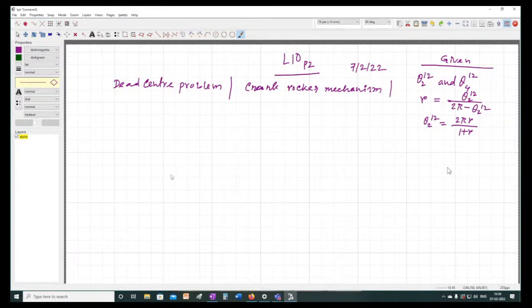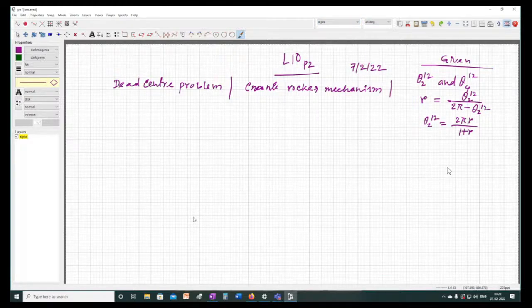Let me draw it freehand. This point is, let's say, O2 point, and let's say this point is O4 point, and you have one of the extreme positions. As we have discussed, in the extreme position the two links are collinear.